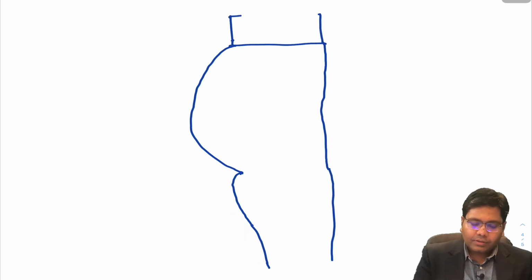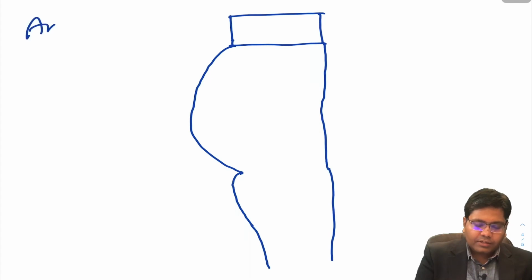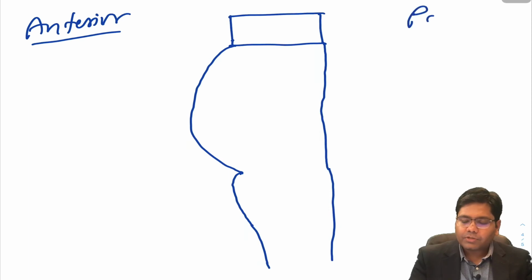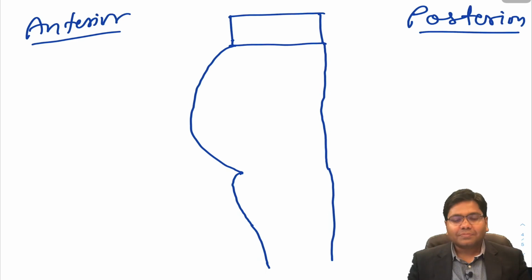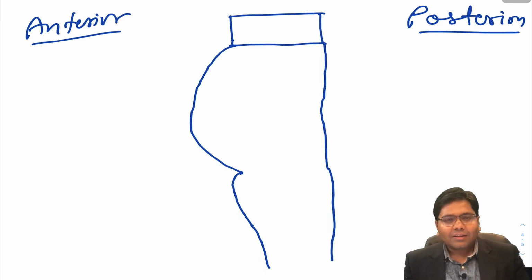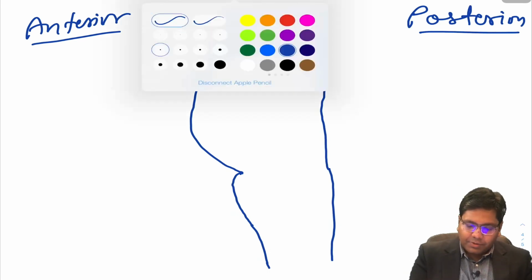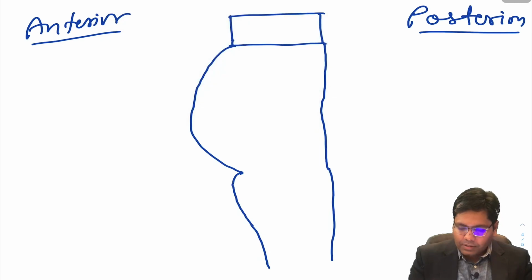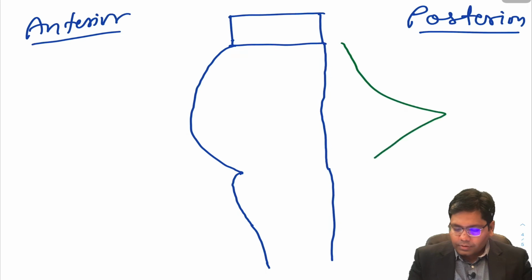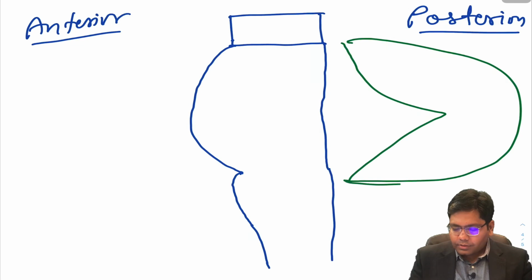This is the anterior side and this is the posterior side of the brainstem. As I said, on the posterior side there is the cerebellum. So my dear friends, let me draw the cerebellum here. This is the cerebellum.